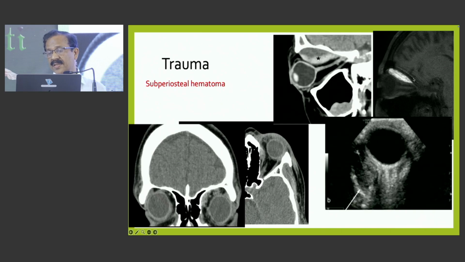This is a T1 weighted MRI picture showing hyperintense hematoma. In ultrasound also we can see the subperiosteal hematoma as a collection near the bony orbit.